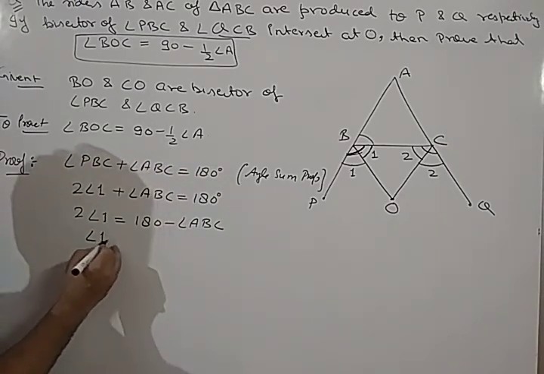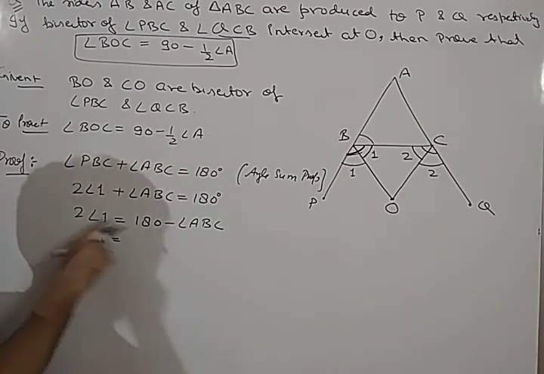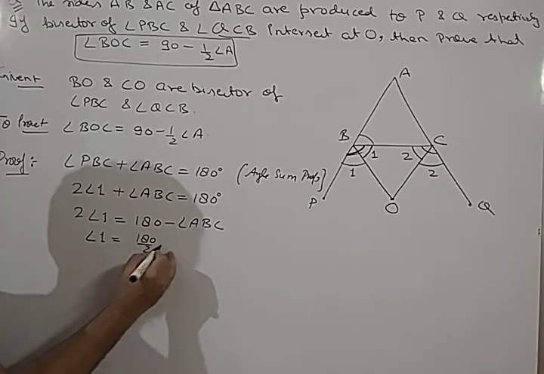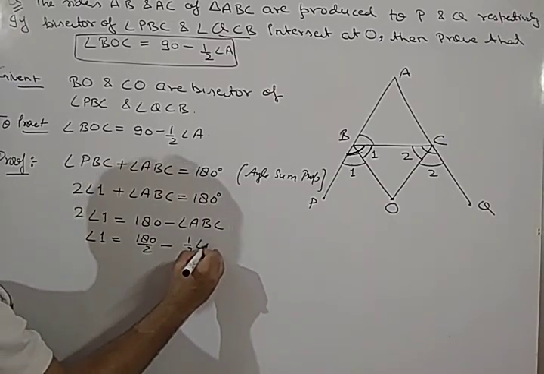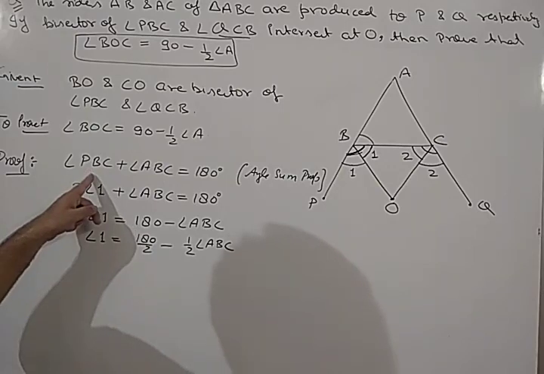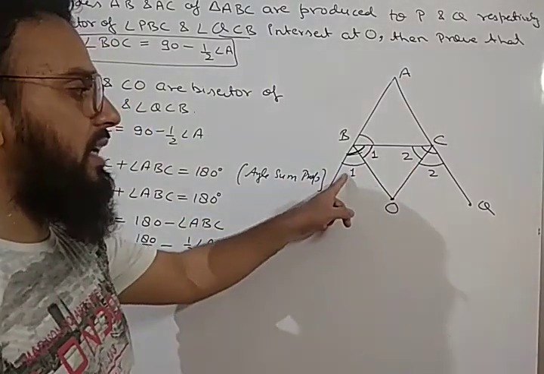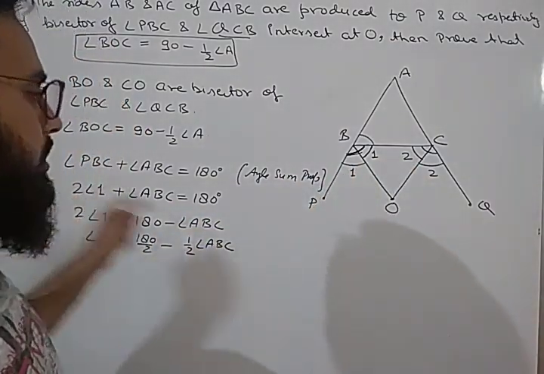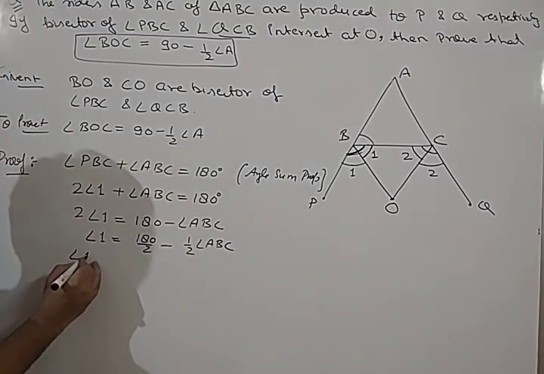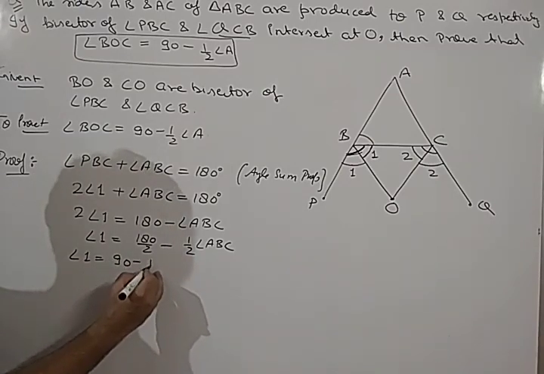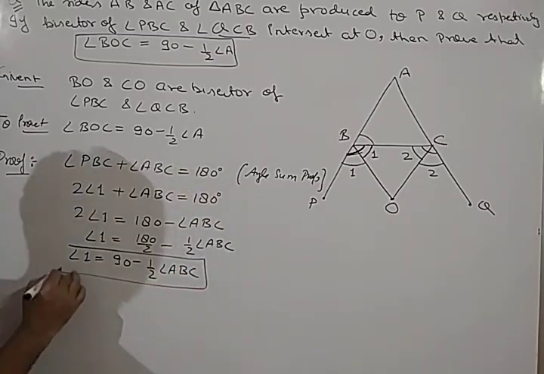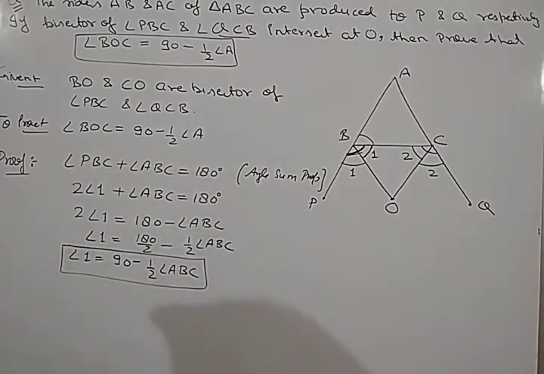If we take the 2 to the other side, it will be in division, so angle 1 is 180 by 2 minus half of angle ABC. Clear? So angle 1 is equal to 90 minus half of angle ABC. This is the value of angle 1 which we have got.